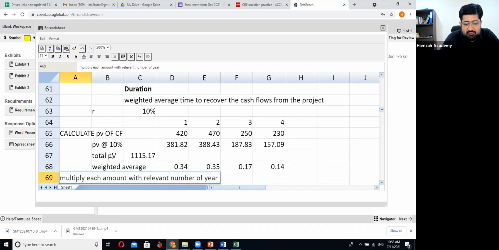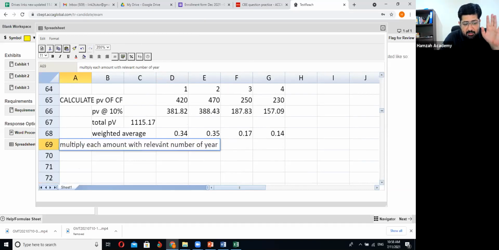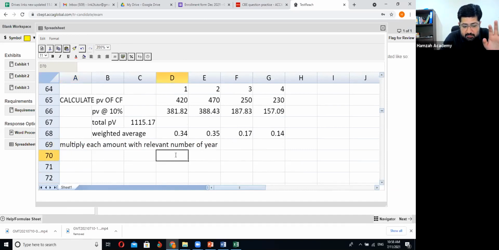In exam, you don't have to write these narrations. You simply solve. I'm writing this present value and this just to show you people what is going on. This multiplied by relevant number of year. Simply this multiplied by this and we drag it, it will automatically solve.